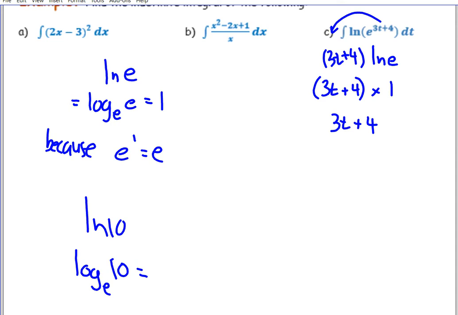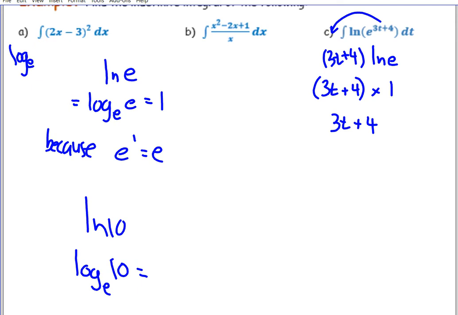Out of interest, what would log e of 1 equal? 0, yeah, because e to the power of 0 equals 1. So just practicing some loggy stuff.